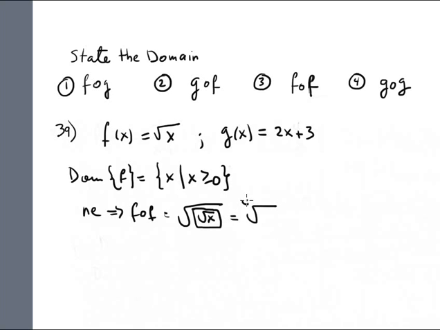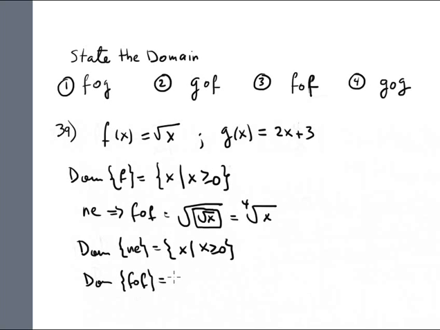This is the fourth root of x. And the domain of the new expression is again positive numbers, remember, because it's an even index, no negatives allowed. Now the domain of f composition f is exactly the same, x such that x is greater than or equal to 0, corresponding with option 3.